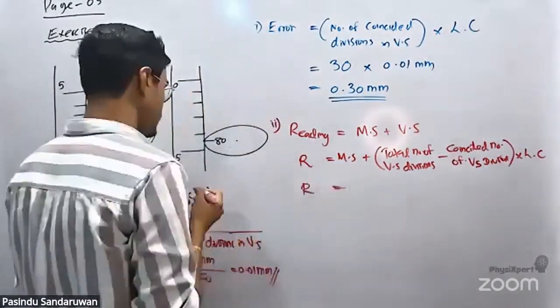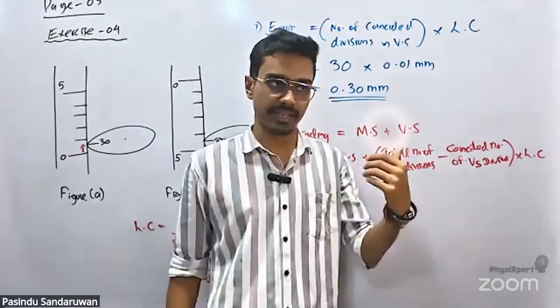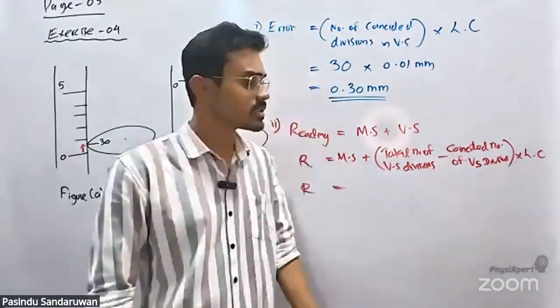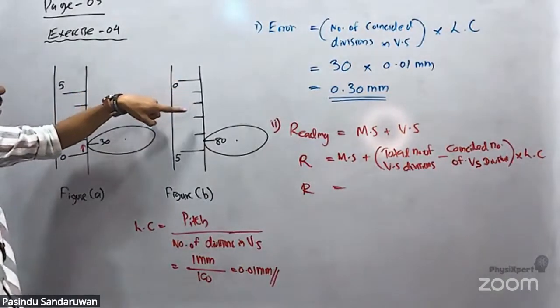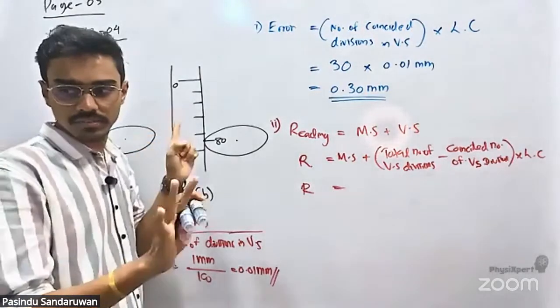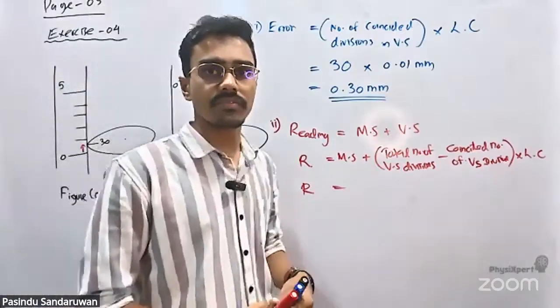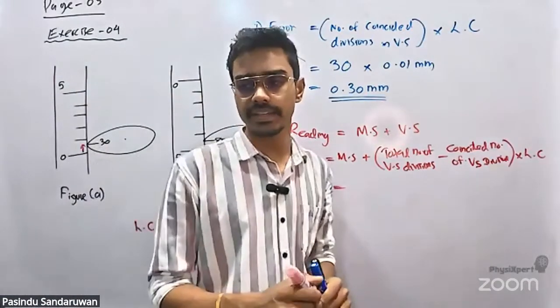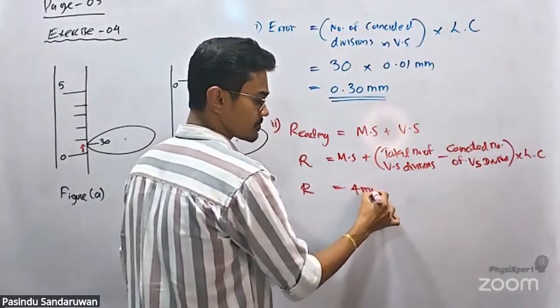Main scale is always the completed main scale divisions. Zero here, 1, 2, 3, 4, 5. So 4 are completed, 5 is not. Only 4 divisions completed. The main scale of a spherometer is in millimeters, so main scale is 4 millimeters.